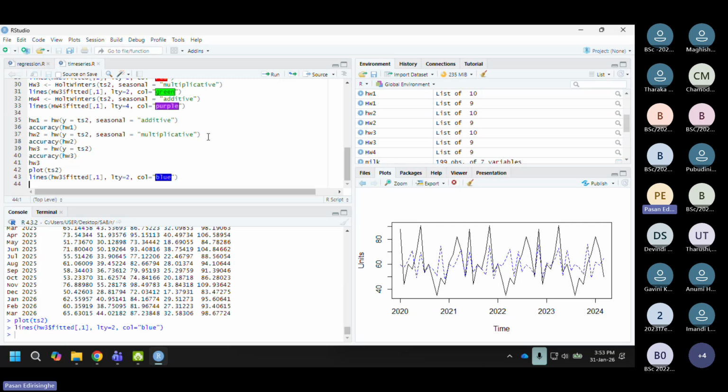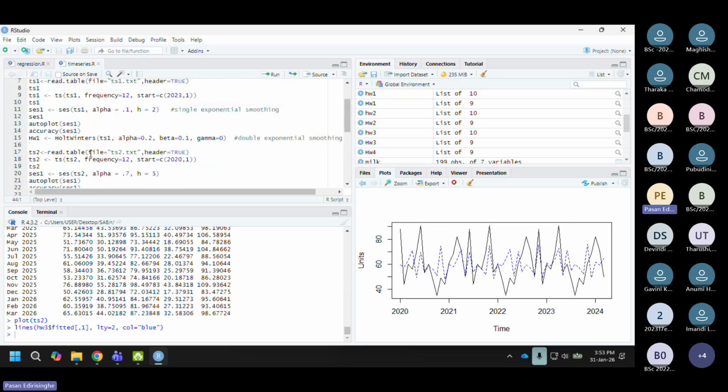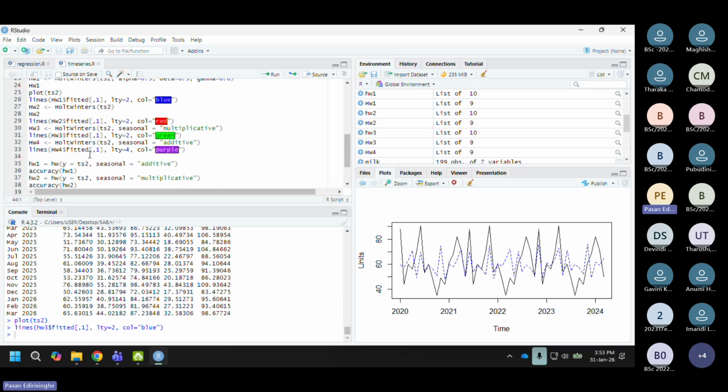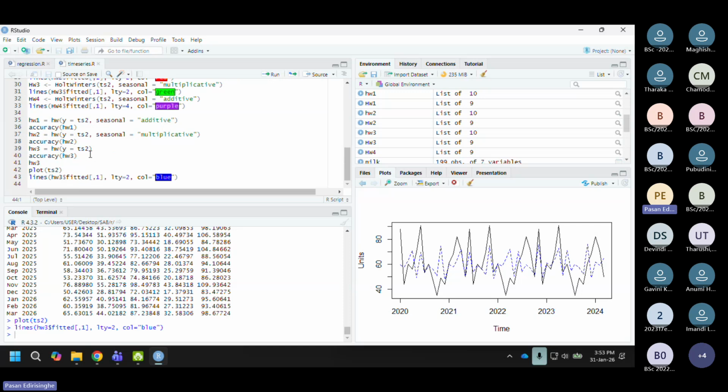Once you get the coding, you have to check and see whether it is suitable for the situation or not. It's kind of like trial and error, so you can modify it and use it.